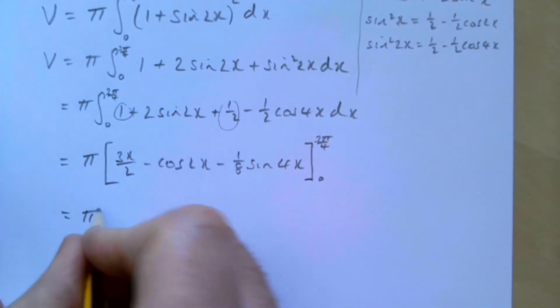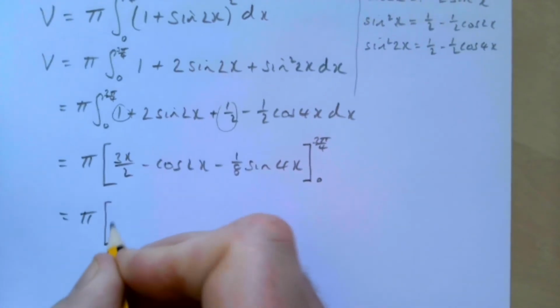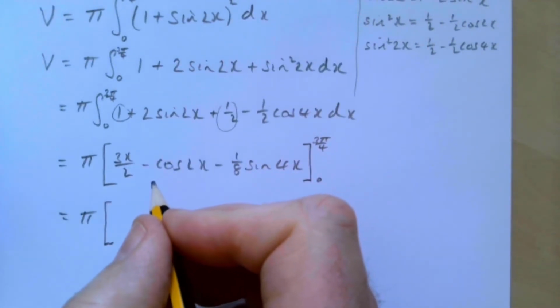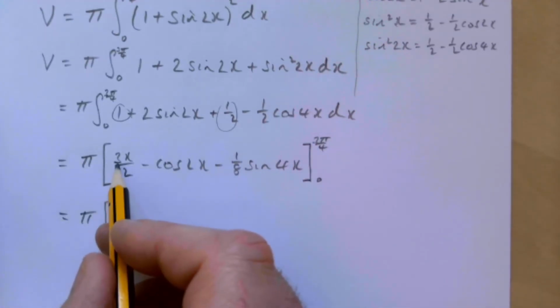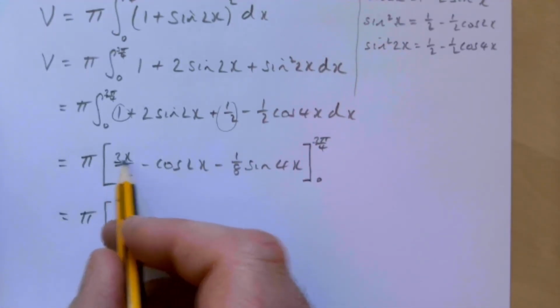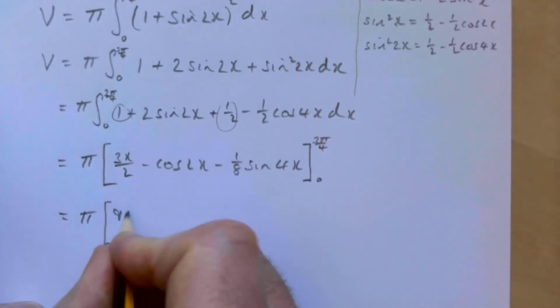So pi, 3 pi over 4 substituted in here. We multiply the 3 pi by the 3, that gives me 9 pi, and then over 8.